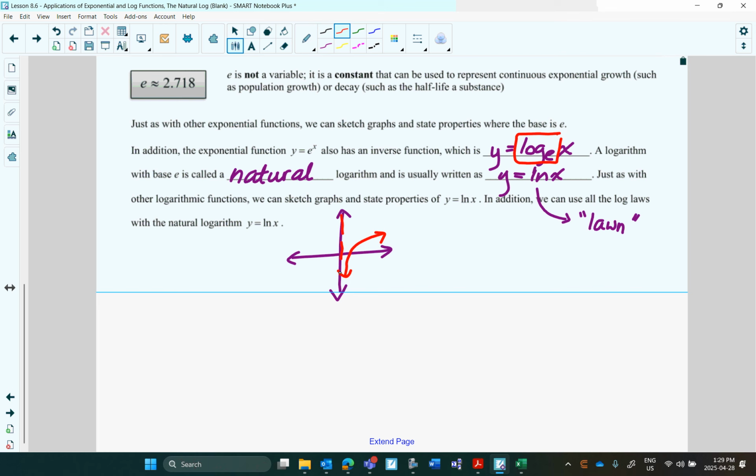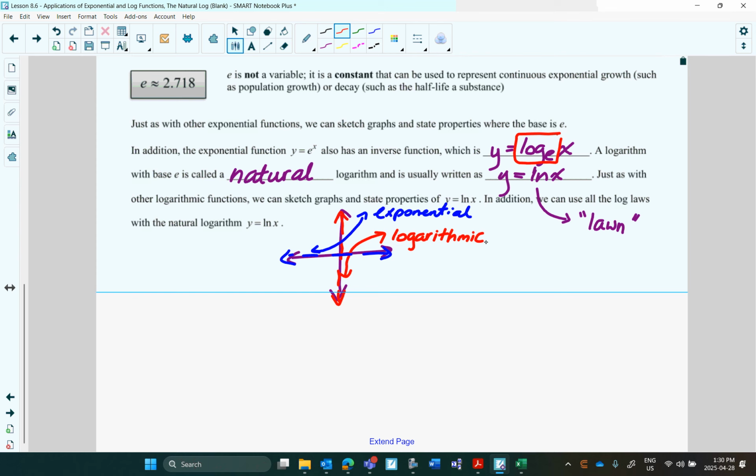It's the inverse of exponential. Remember, exponential goes like this. This is exponential. This is logarithmic. And most of them look like this, depending on what the base is, but they're all pretty close to that.